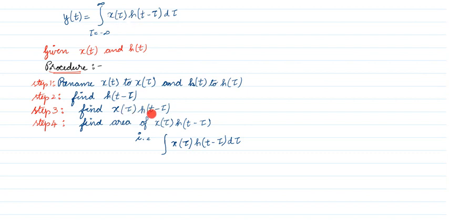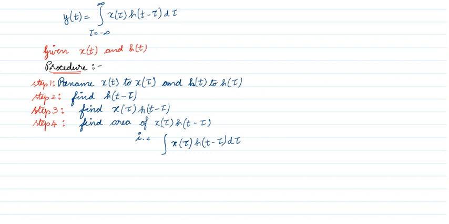Once you have found x of tau and h of t minus tau and multiplied them, you have to go for integration. Integration is nothing but finding the area of the signal from step 3, and thereby you get the output. It's a very simple procedure, right? First, replace t with tau for both x and h, then find h of t minus tau.